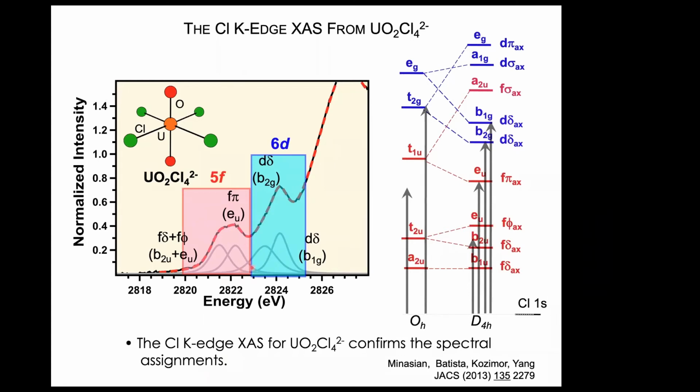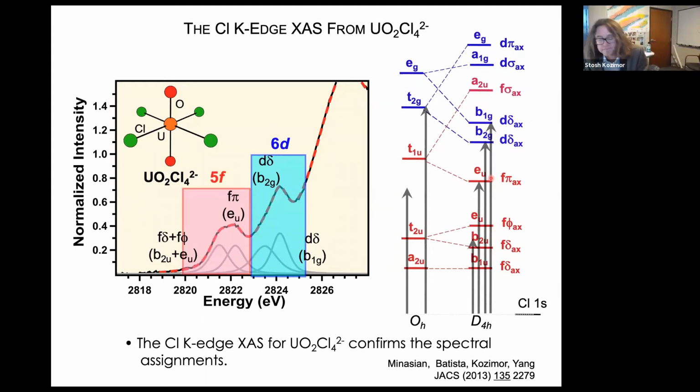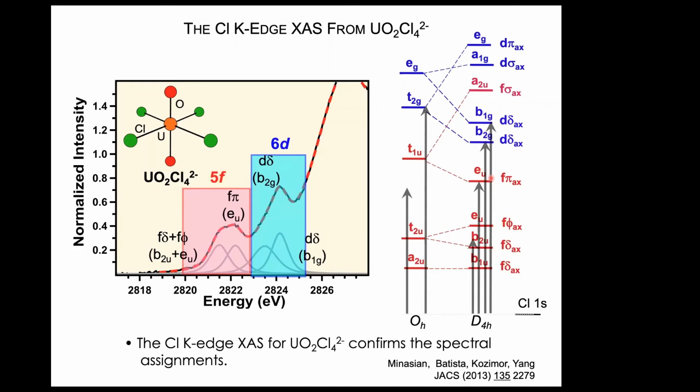I just wonder, if you measure the L3 edge of the uranyl compound by high resolution spectroscopy, you can really resolve clearly the pre-edge structure and the main edge, where the pre-edge is due to the quadrupole transition between 2p5f and 2p6d, and where the separation comes in order of, I think, 6 or 8 eV. I don't remember now, and unfortunately I don't have the paper next to me. Do you have any reason for that? Why in the chlorine edge is this separation smaller compared to the L3 edge?